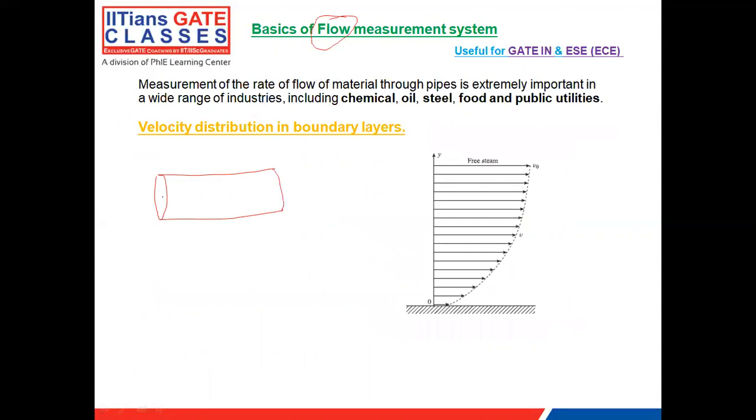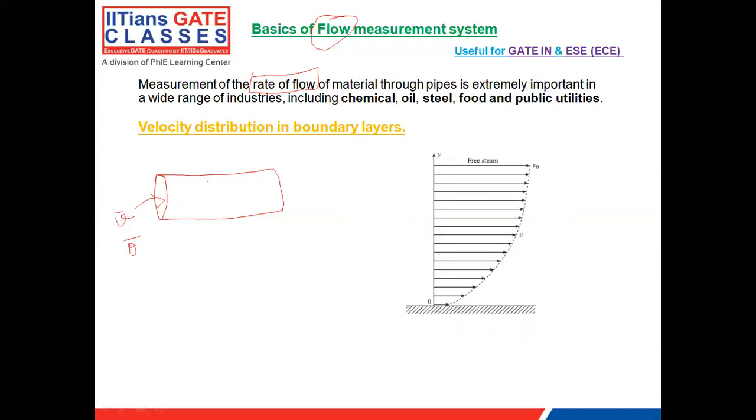And when we are measuring the flow velocity or flow rate, either v or q, then what we are basically measuring here is the rate of flow per unit time. Meaning in one unit of time, what is the amount of fluid that is flowing through one particular area.